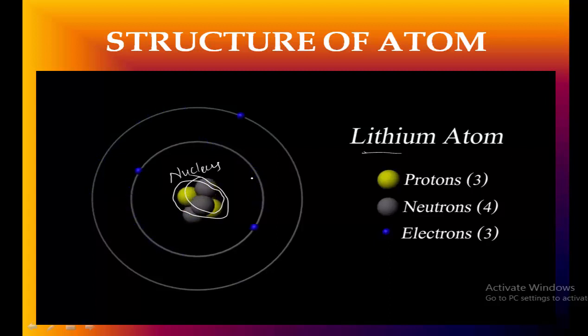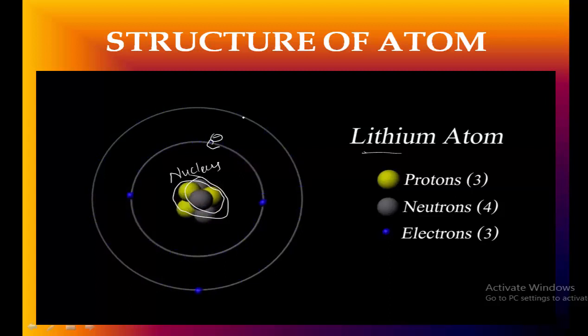Around the nucleus, small particles are revolving. Those are usually said to be electrons. So the atom consists of a nucleus, and the electrons revolve around the nucleus in circular paths.